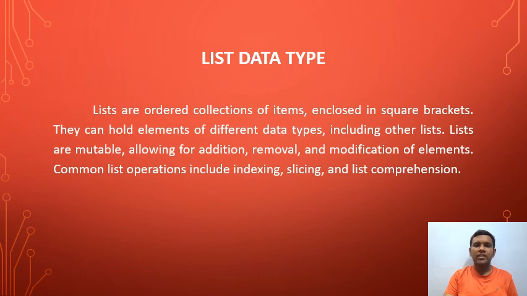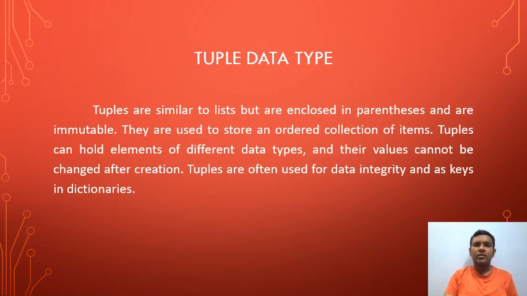Let us move on to the next type of data, the tuples. Tuples are similar to lists but are enclosed in parentheses and are immutable. That is, the values put inside tuples cannot be modified or edited again. Once a tuple is created, it is created permanently.